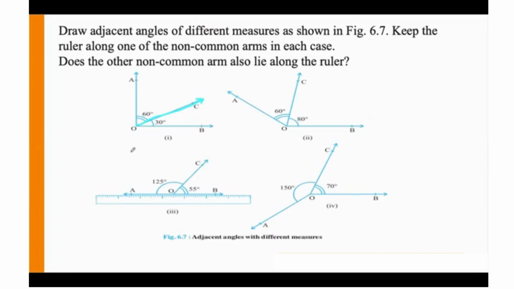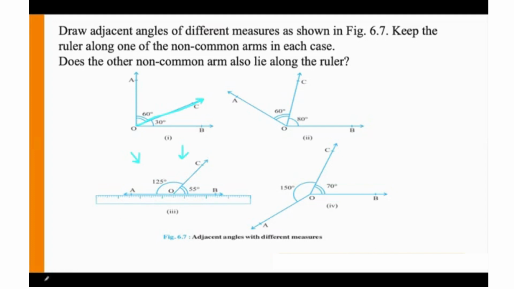But consider figure number 3. Here 125 degrees plus 55 degrees gives you 180 degrees, and if you put a ruler, you will get OB and OA on the ruler, so you get a straight line. And only in this case can I say that the ray is standing on the line.